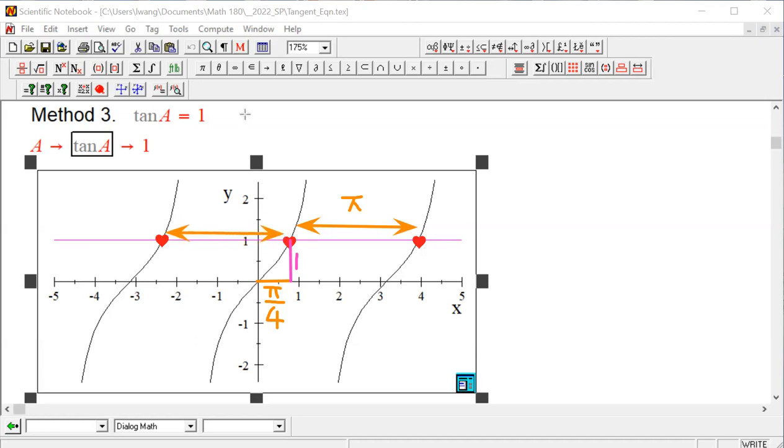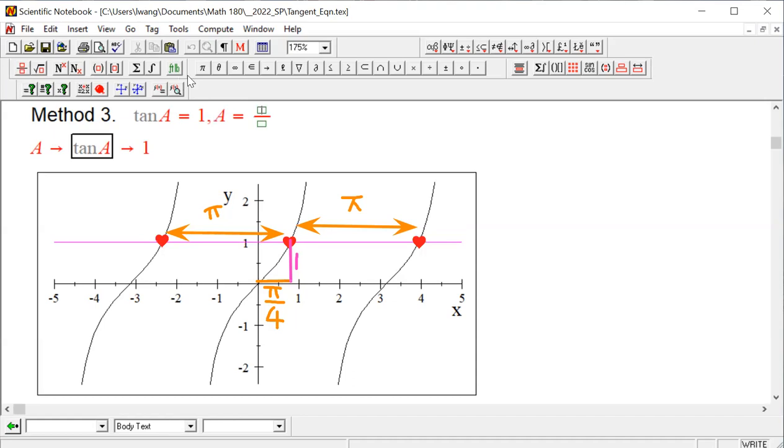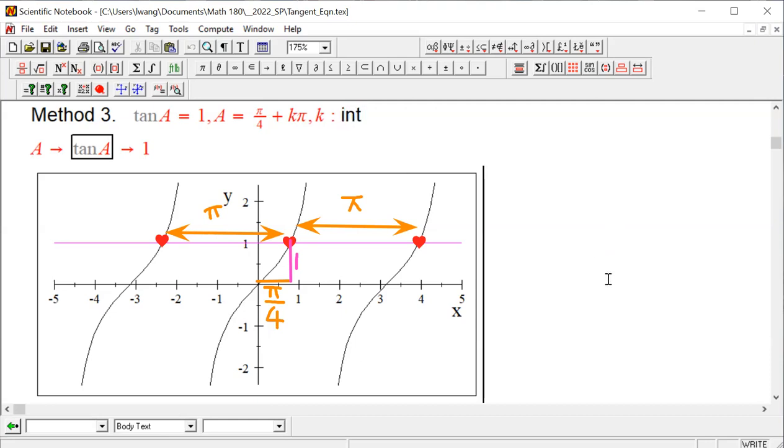That's why we add k pi, and keep going. So this picture could keep going. So the solution A is equal to pi over 4 plus k pi, k being any integer. Right, that's it.